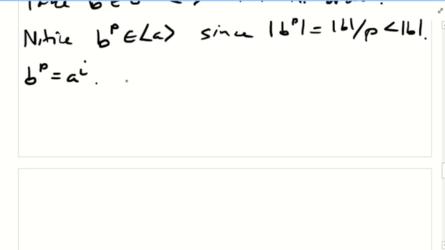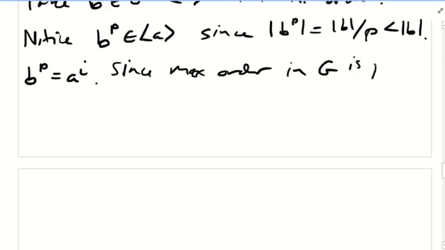Now, since A was of max order, right, the max order in G is p to the m. Every element in G has order that divides p to the m.